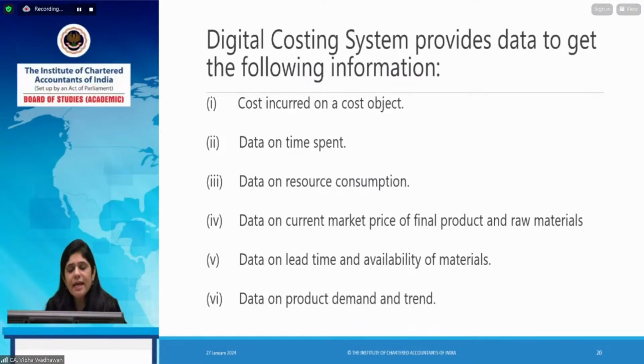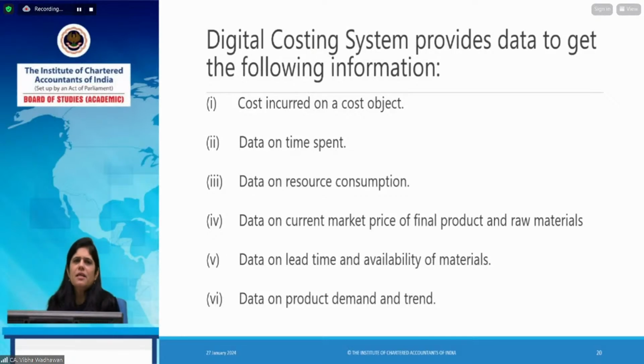Data on lead time and availability of material. Are the raw materials which are used to produce product A available in the market? We get this information from the suppliers, and how much time it is going to take to deliver it to the factory. Let us say it says it will take 15 days. So the updated information is now it will take 15 days.